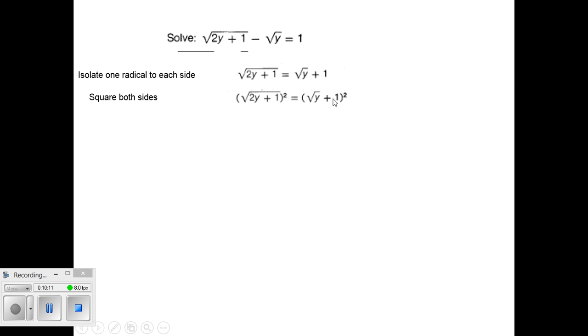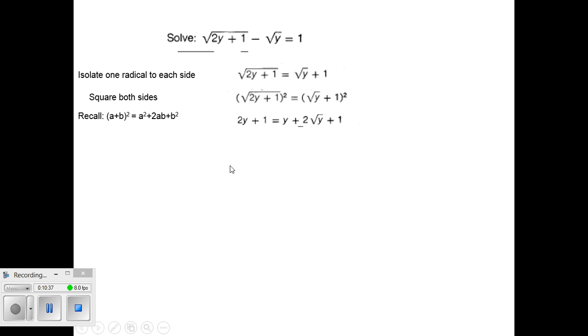When this is squared, it does not come down to y plus 1. It comes down to, and here's a recall, the binomial square pattern. A plus b squared goes to a squared plus 2ab plus b squared. So bearing that in mind, on the right side of this equation we get the a term squared and the b term squared, which means this is going to come down as y and 1.